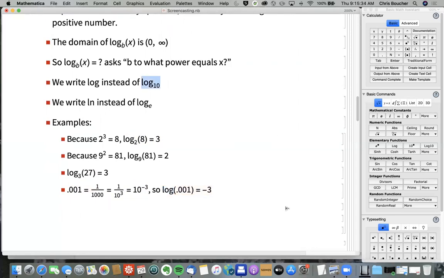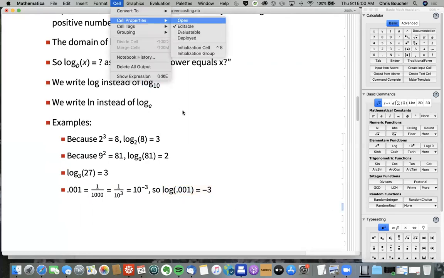When you don't see a subscript, it's log base 10. Ignoring the right-hand side for the moment, I'm asking 10 to what power gives 0.001, and we have our answer right here, 10 to the minus 3 power. So the value of a logarithm can be negative. You just can't plug in a negative number to a logarithm.